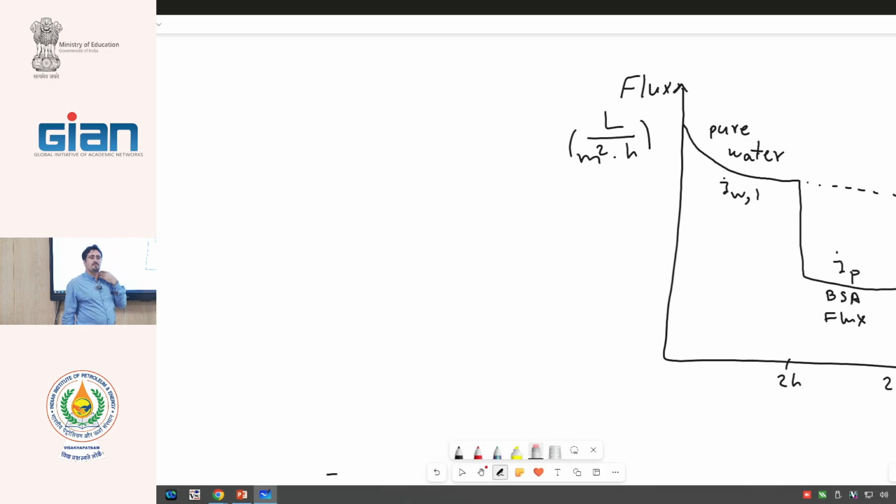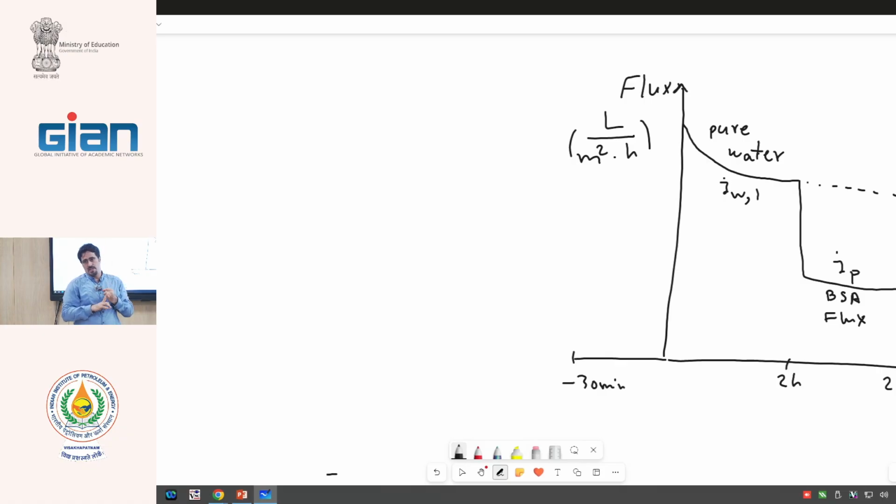If our applied pressure is 2 atmospheres, before beginning in this area, we apply 1 atmosphere higher pressure.